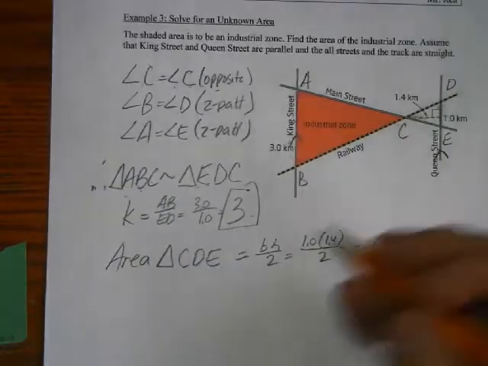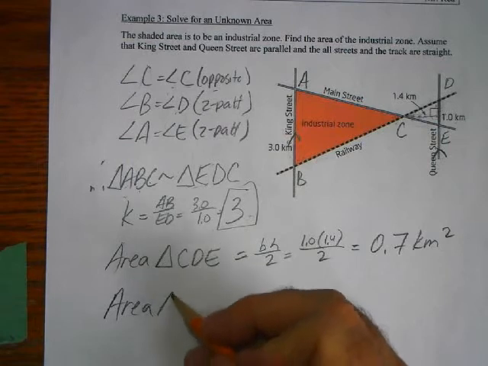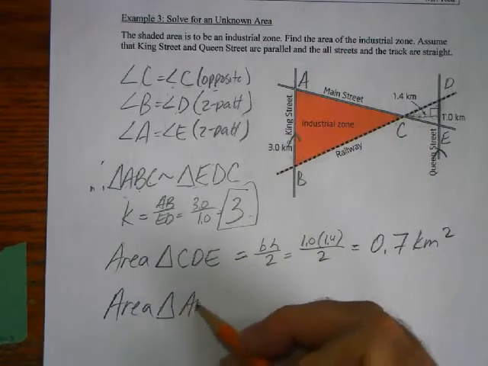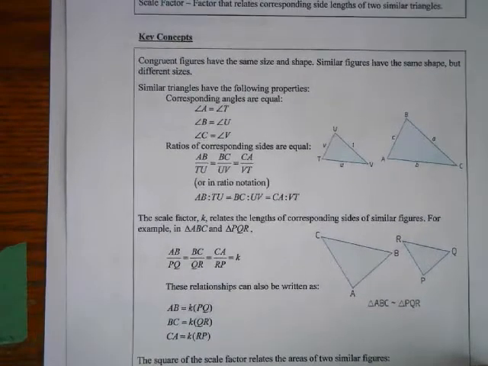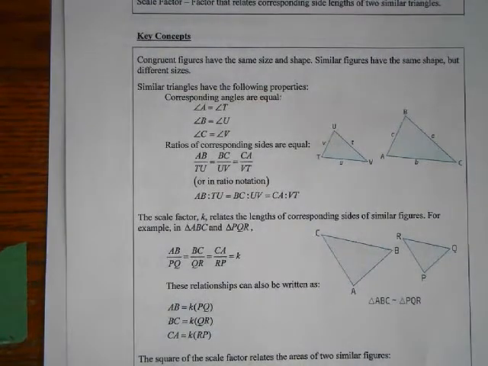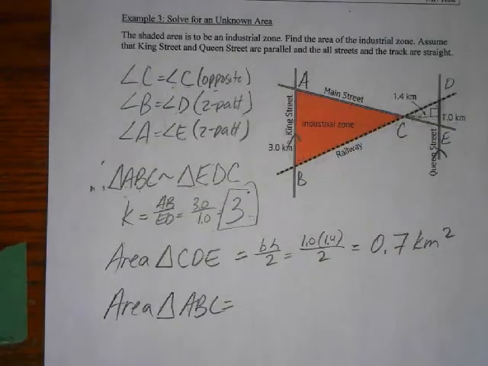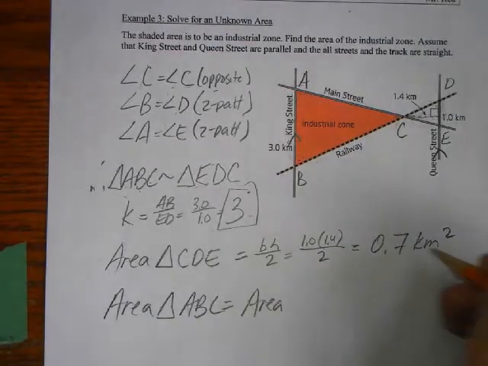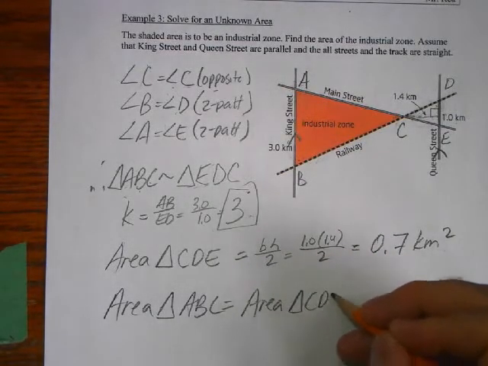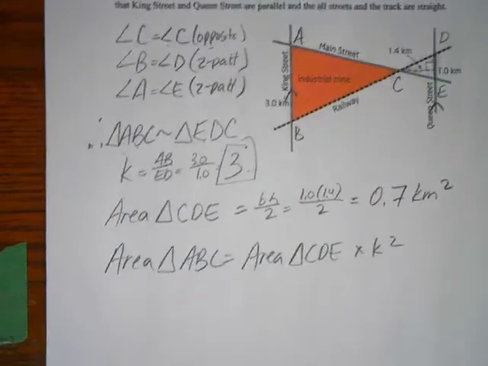So if I want to get the area of the industrial zone, that's the area of triangle ABC. Remember, go back to the formula. It's not written in the way I want to use it, but basically I have to multiply the smaller area by K squared. So that's going to be the area of triangle CDE times K squared. We know both of these.